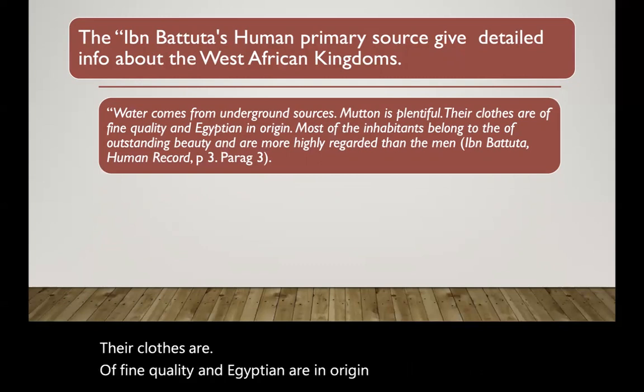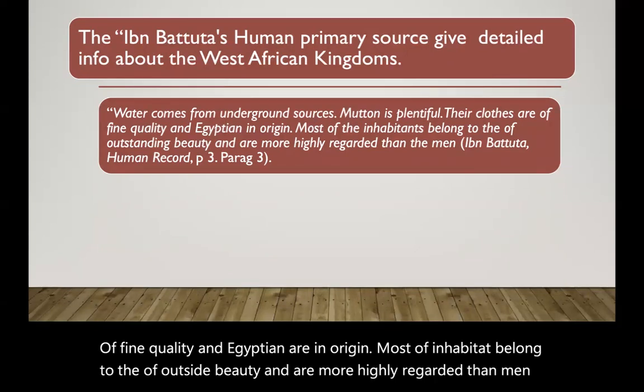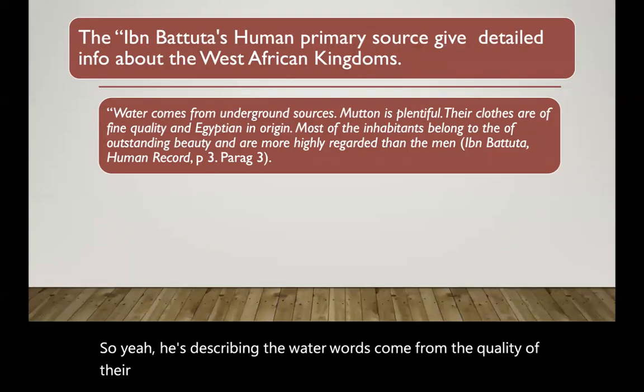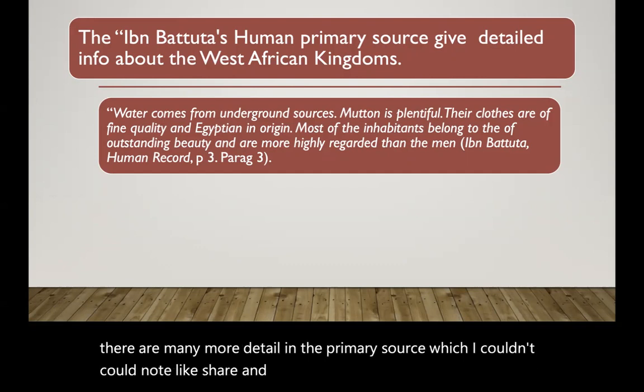Most of the inhabitants belong to them, of outstanding beauty and are more highly regarded than men. So he's describing where the water comes from, the quality of their clothes, and their connection with Egypt. There are many more details in the primary source which I could not share in such a short presentation.